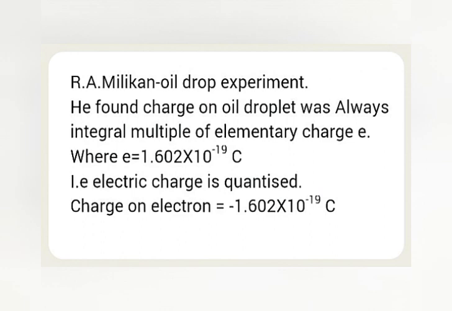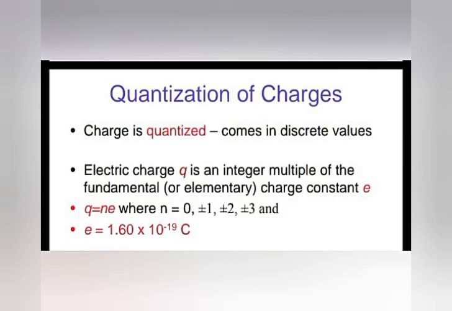It takes values 1, 2, 3 and so on. On substituting the values of n, we get Q = ±1e, ±2e, ±3e and so on. So the charge on any body can take these values only. That is the meaning of quantization of the electric charge.